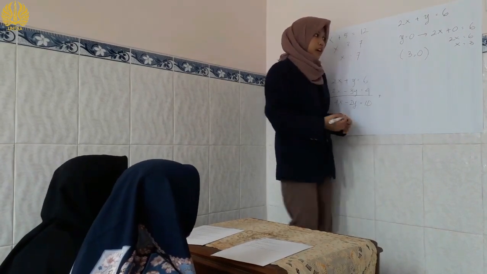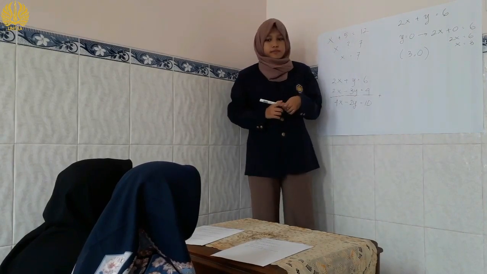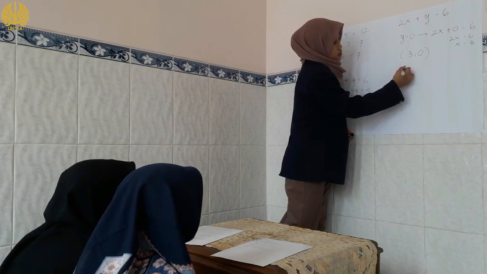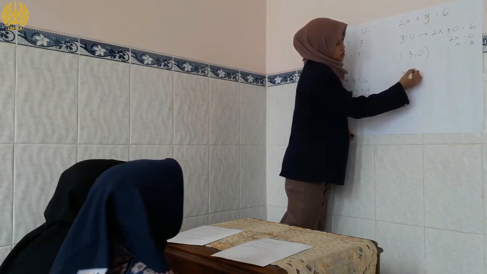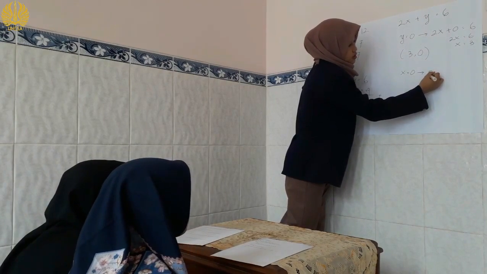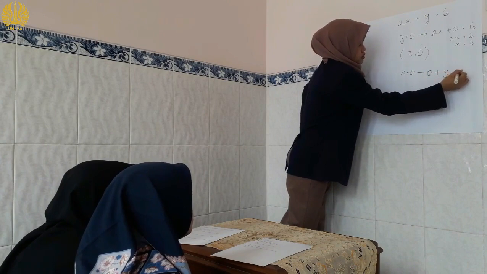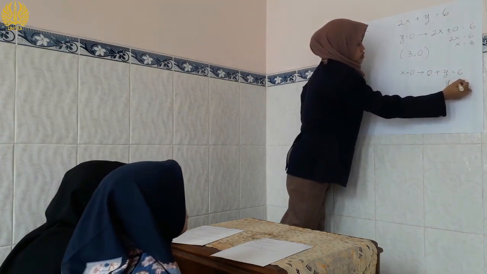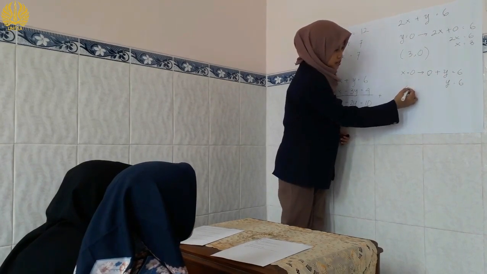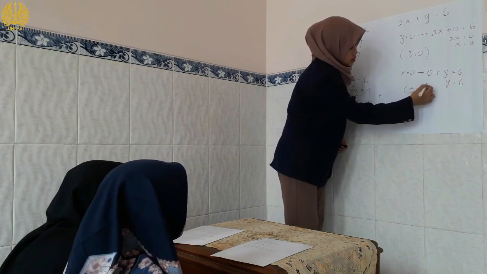Okay, now we have to find the coordinate on the y-axis, so x is equal to 0. Then we input it into the equation: 0 plus y is equal to 6, so y is equal to 6. Then we get the point (0, 6).